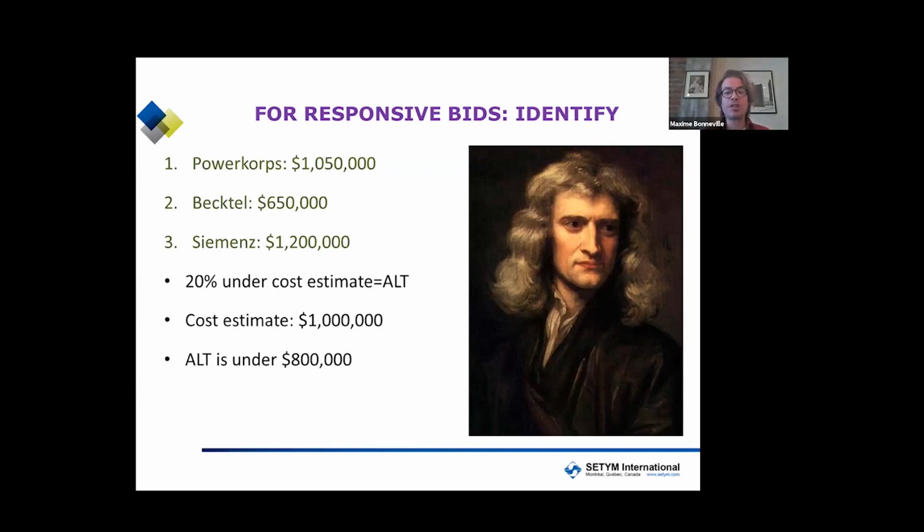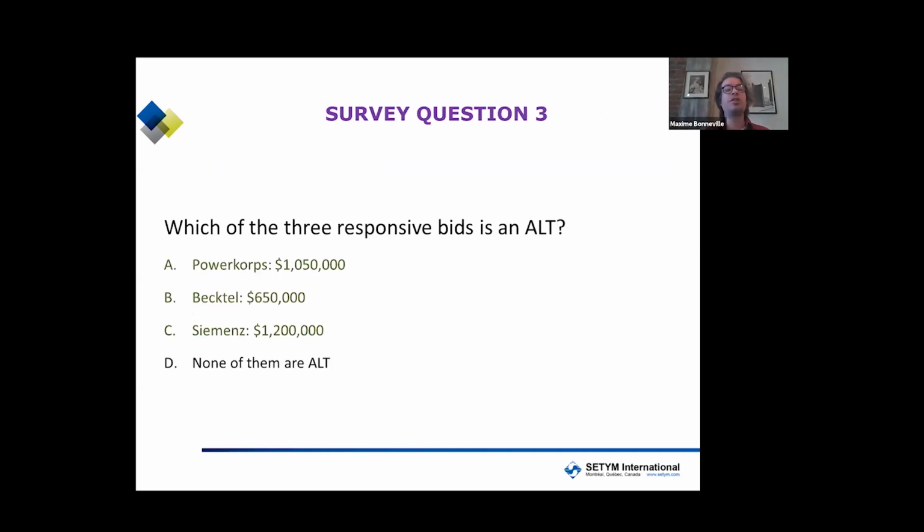Let's ask you a question to see if you're following. Which of the 3 responsive bids is an abnormally low tender? So you have 4 options. Let's leave you a little bit of time to answer.